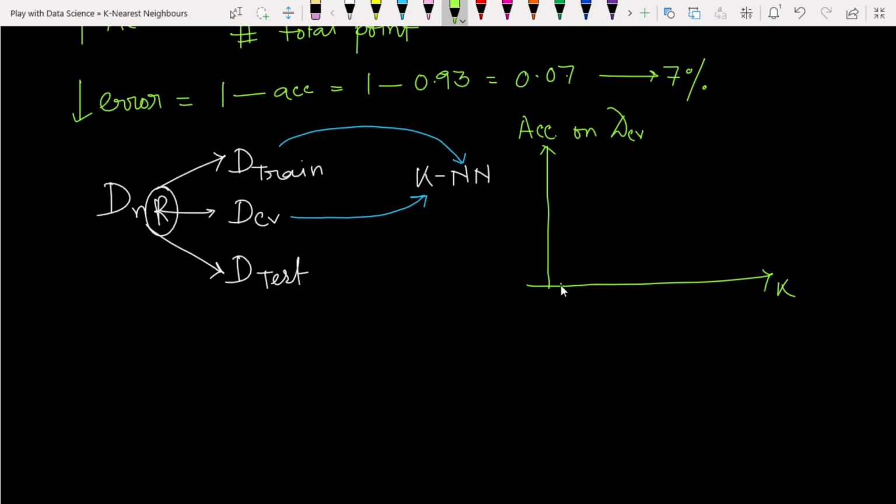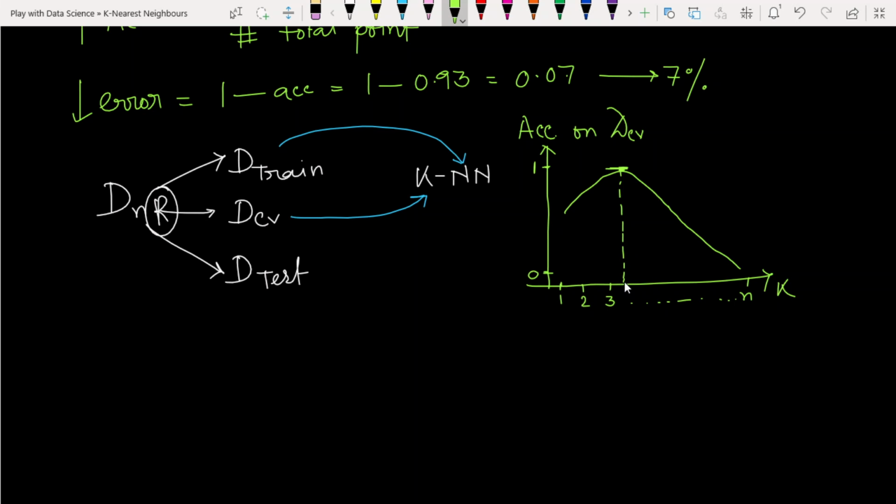Here k equals 1, k equals 2, k equals 3, and so on up to k equals 8. Our accuracy on cross validation lies between 0 and 1. Our curve first increases in accuracy, and after some time it decreases.